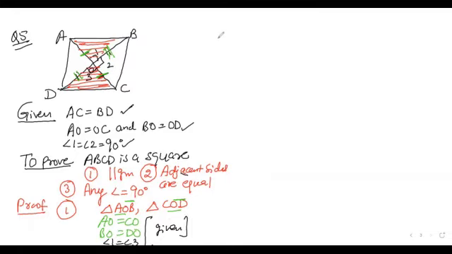So this implies triangle AOB is congruent to triangle COD by side angle side, because two sides and one included angle. One side is this, another side is this, and included angle are equal. So triangles are congruent by SAS.